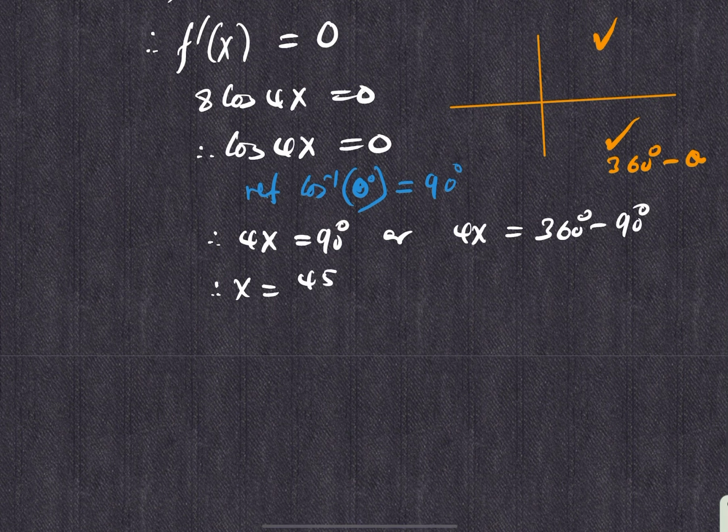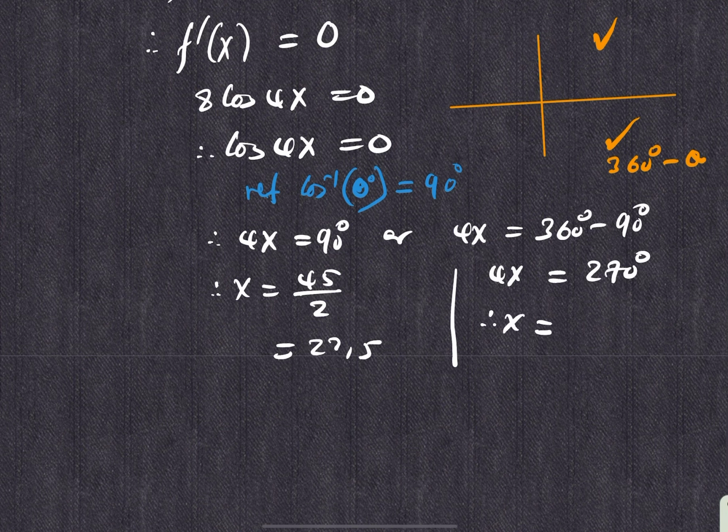That is 45 over 2, which is the same as 22,5. Or 4x is equal to 360 minus 90, that is going to give you 270 degrees, therefore x is equal to 270 divided by 4. That is 135 over 2, which is 67,5.